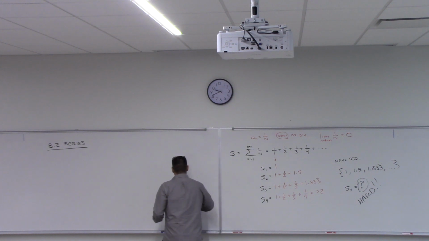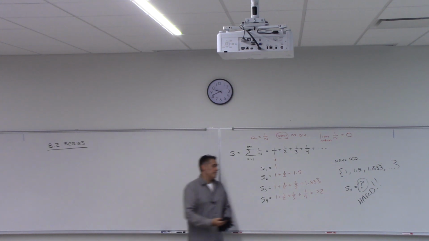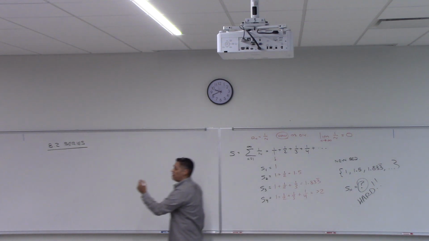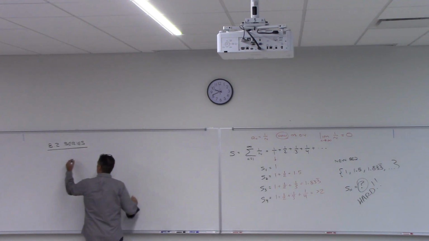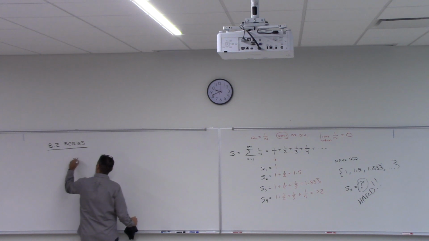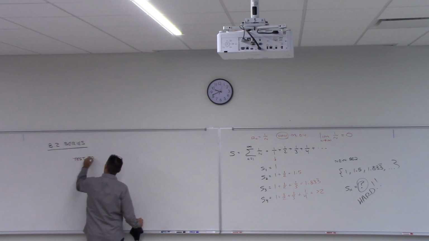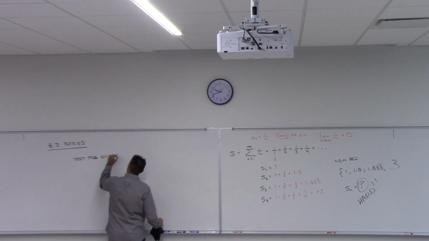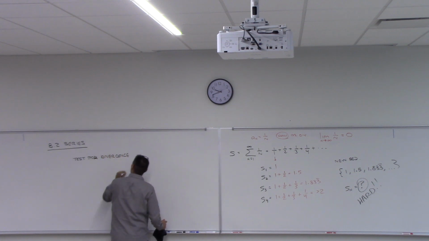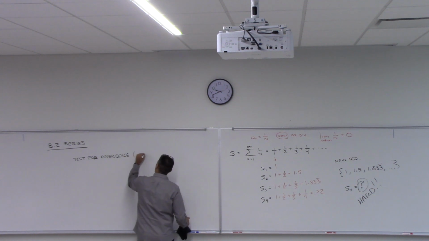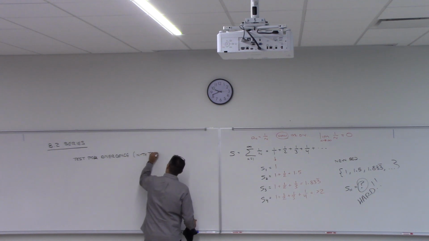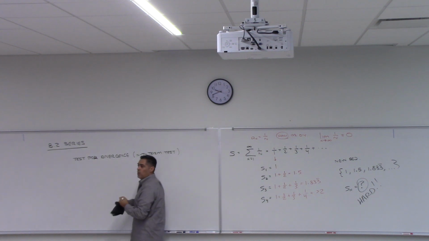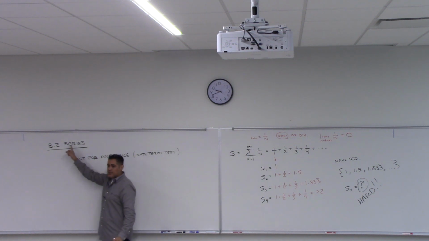So let's see what the nth term test says. It's called the nth term test. It's also called the test for divergence. Remember, we are talking about series right now, not sequences.